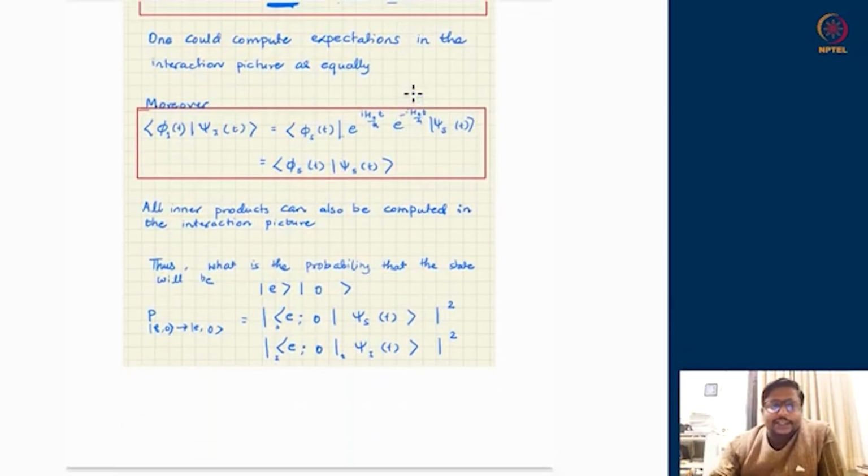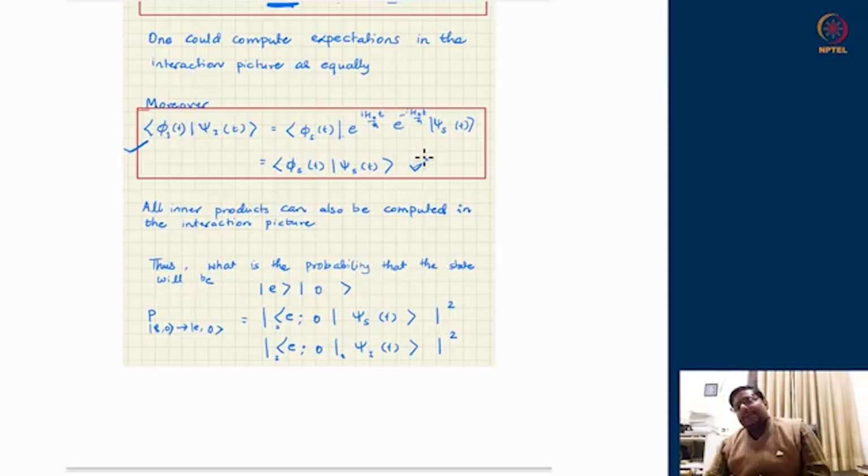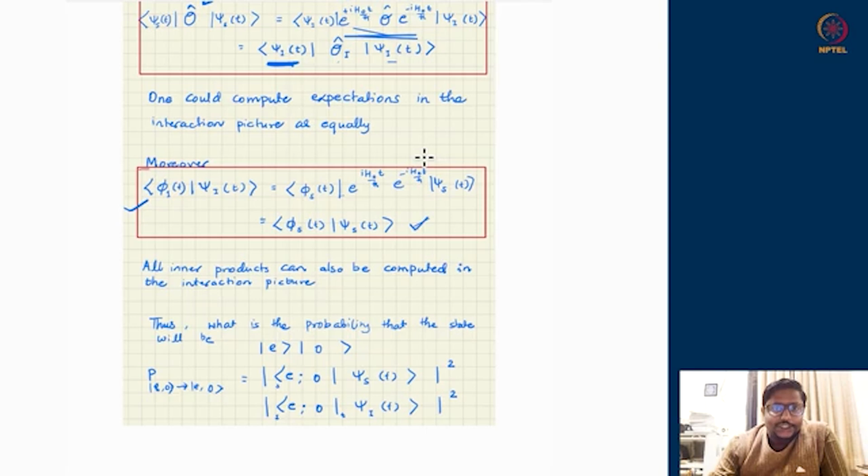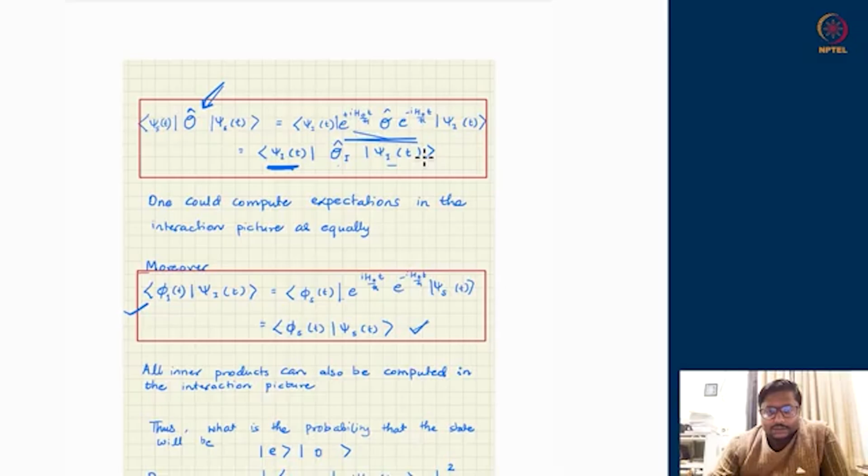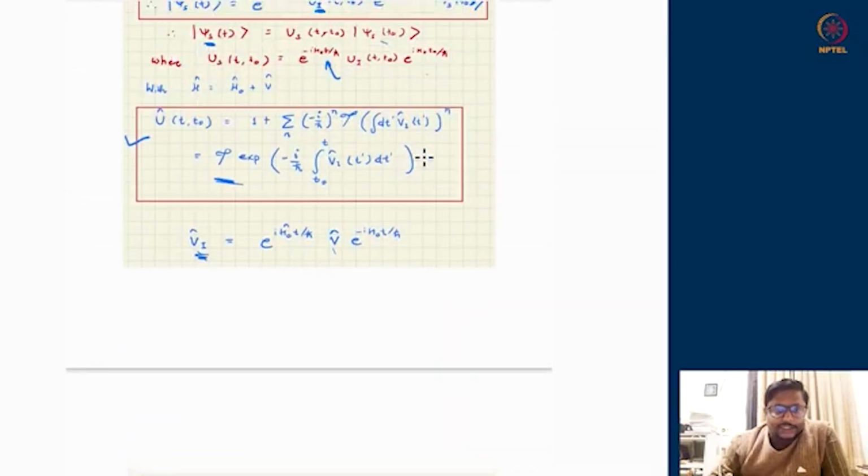And similarly, all the inner products as well can be computed either in the interaction picture or in the Schrodinger picture. Both of them have the same information. The benefit of going to the interaction picture is that the unitary, which we had written for the interaction case, only depends on the perturbing Hamiltonian. V_I is just the perturbation Hamiltonian squeezed between the free particle's Hamiltonian unitaries.